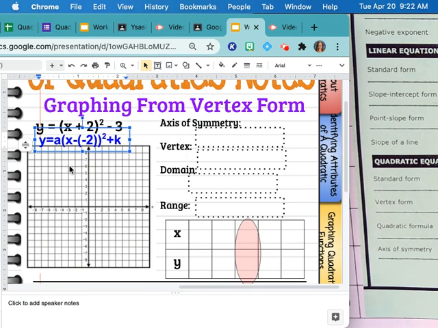Negative 2, because the only way to make this a plus is if you have minus and negative 2. So our h value is negative 2. So then what's the k value? Positive or negative? Negative. Negative 3.